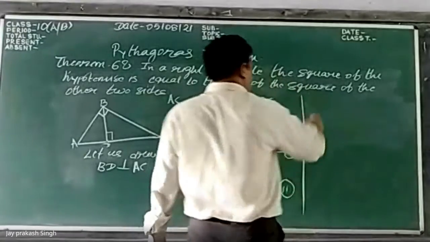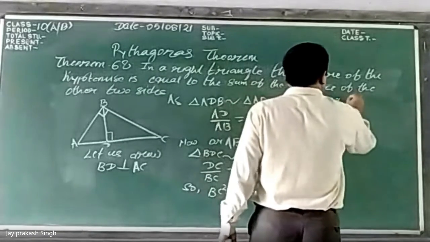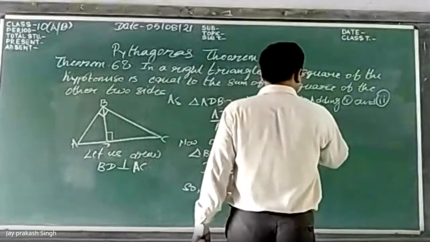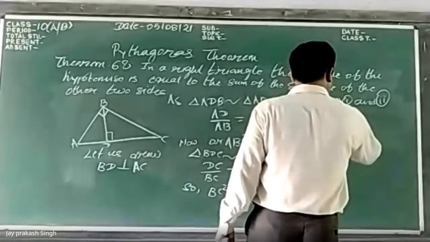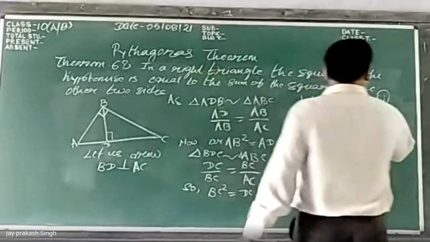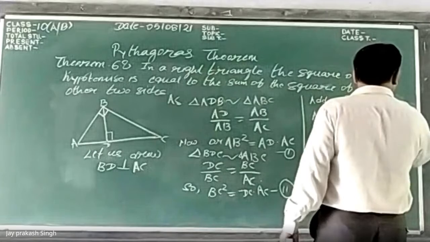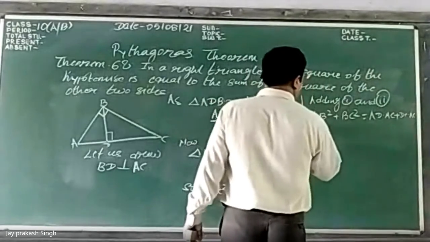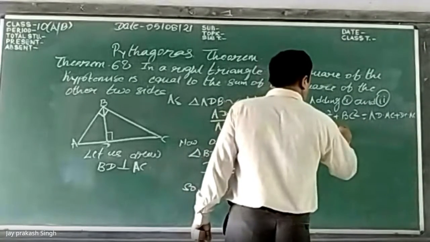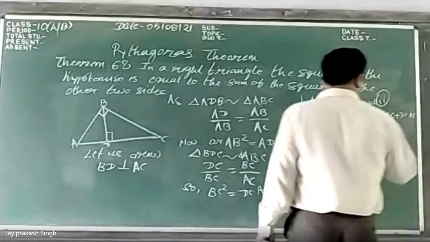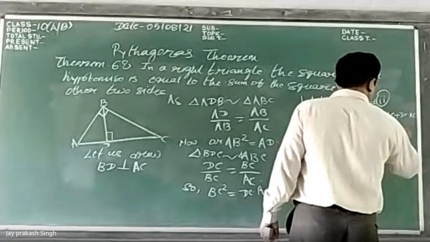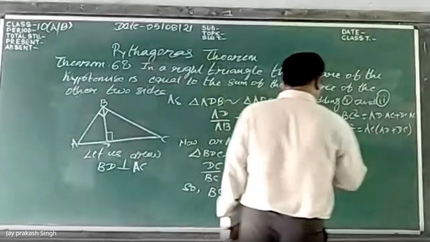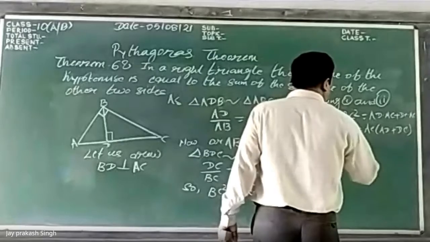So adding both, then what we'll get is AB square plus BC square equals AD dot AC plus DC dot AC. We will take AC as common: AC times AD plus DC. Here AD plus DC equals AC, so we will get AB square plus BC square equals AC dot AC. So AC square equals AB square plus BC square.